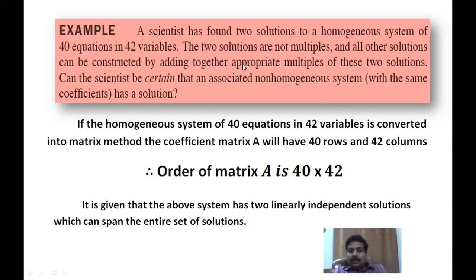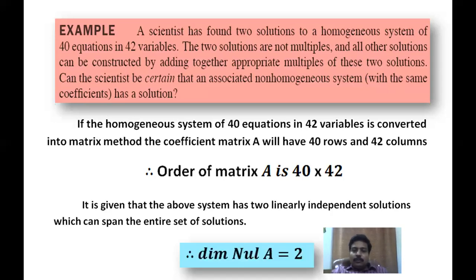This tells us that these two solutions span the entire solution set. Since the scientist is dealing with a homogeneous system, these two linearly independent solutions form a basis for null A. So the dimension of null A is 2, since there are only two vectors in the basis of the null space of A.